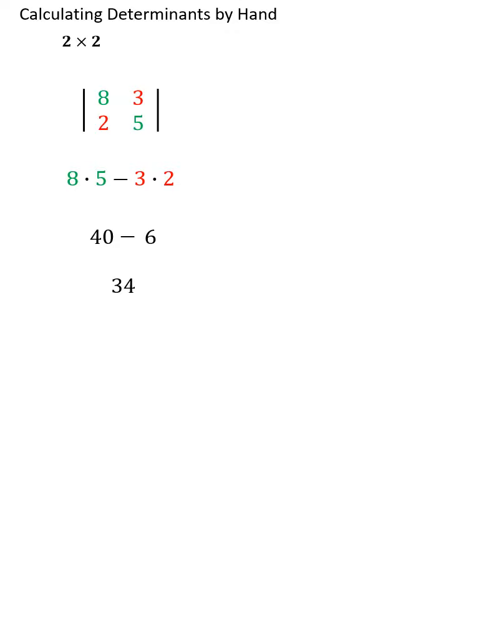What does it all mean? It means a lot, but what does it mean in this video? Absolutely nothing. We're focusing solely on the calculation aspect. One thing worth pointing out as a reminder is that a determinant, whether it's 2x2, 3x3, 4x4, or so on, evaluates to one single number. This determinant has a value of 34.